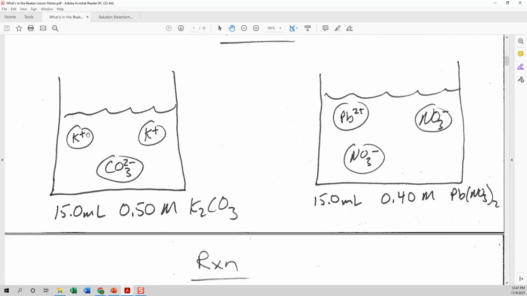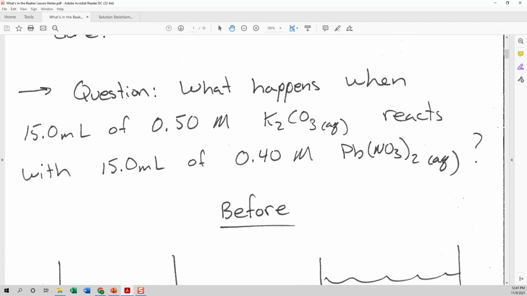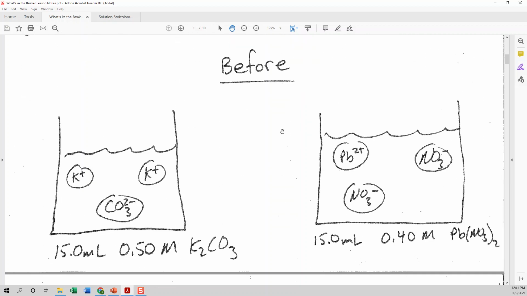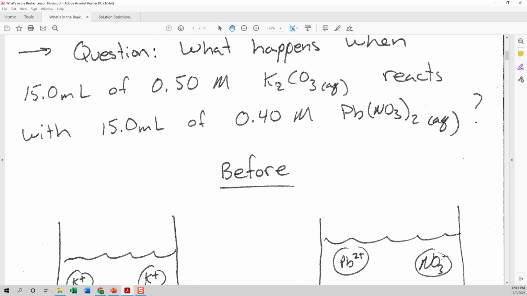Well, I have a container that has 15 milliliters of a solution, and what's in that solution? Dissolved ions, and I know it's dissolved because it's aqueous, and for an ionic compound, that means the ions have separated. If I wanted to represent one formula unit of the compound, notice that there's 2 potassiums and 1 carbonate.